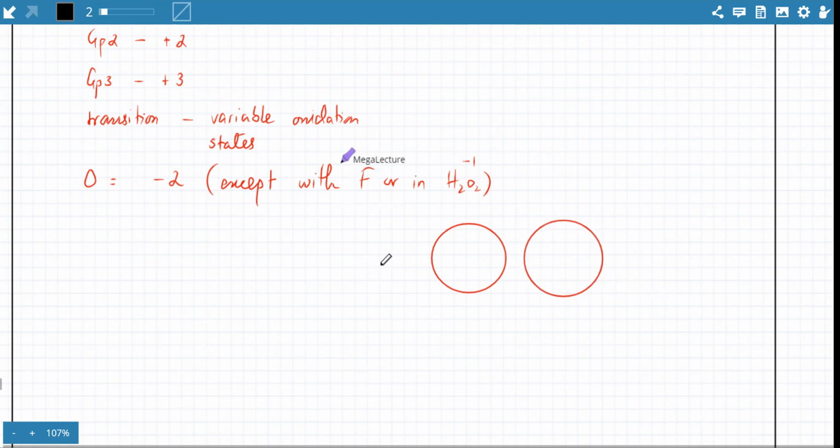The H2O2 molecule is something like this. You have two oxygen atoms, and oxygen likes to share two electrons, so this oxygen goes and shares one electron. But now this oxygen still needs one electron over here.